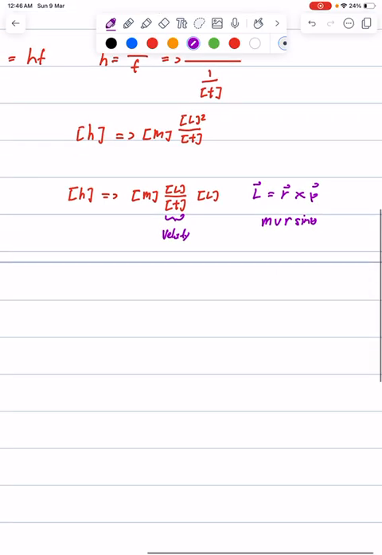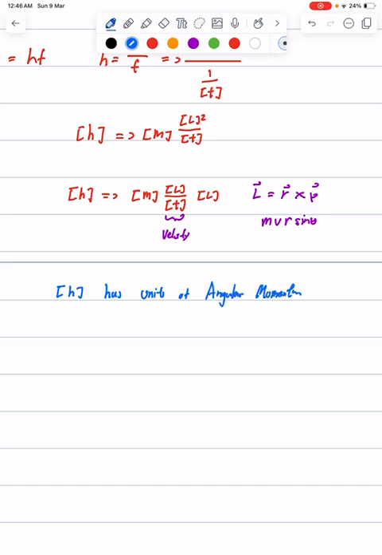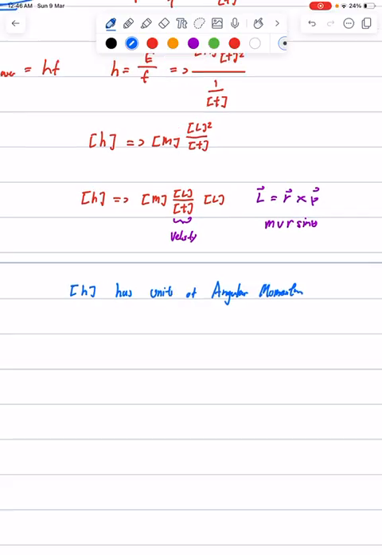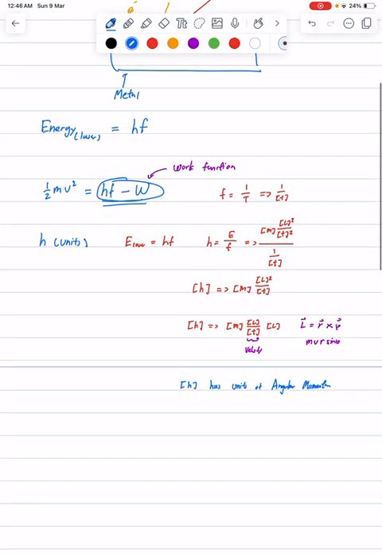So Planck's constant here has units of angular momentum, which is quite important for spins, like spin 1/2, which I'll get to maybe later someday. So this is the photoelectric effect and Planck's constant. See you guys in the next video.